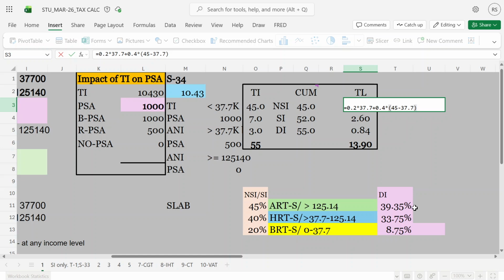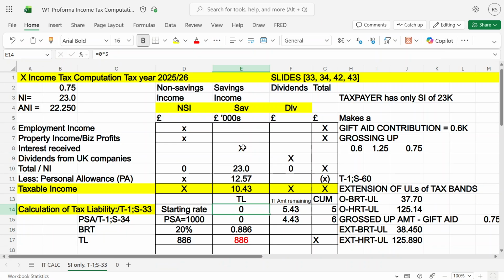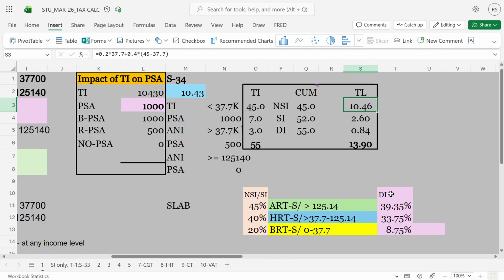Even if your dividend income is only 5,000, but between SI and NSI you already have 150,000, because we are taxing the NSI first, the SI next and the dividend last, by the time you get to taxing the dividend you have already moved into the last band.